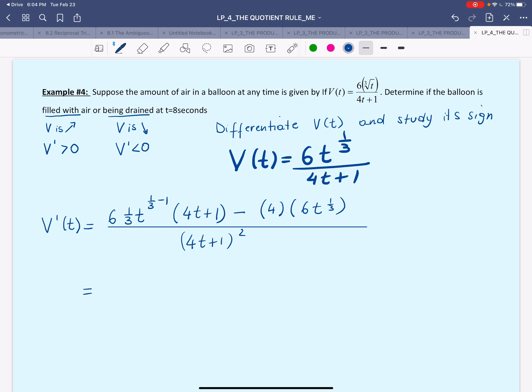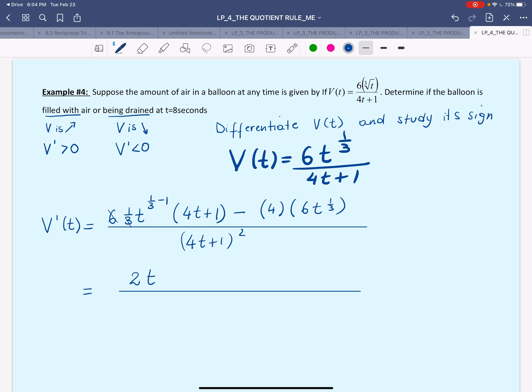V prime of t equals, so we'll simplify a little before we evaluate. Now remember that in here we're not asked to differentiate and express the function in the most simplified and factored form. We just need to know the value at time equals 8 seconds, but it's always nicer to simplify. So 6 and 3 will simplify to 2.